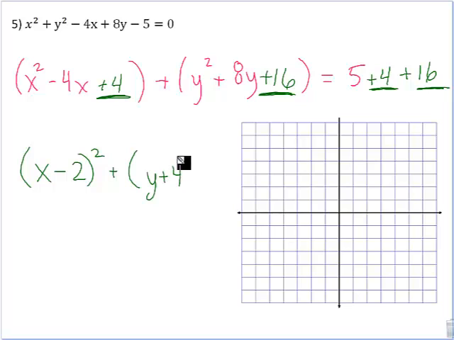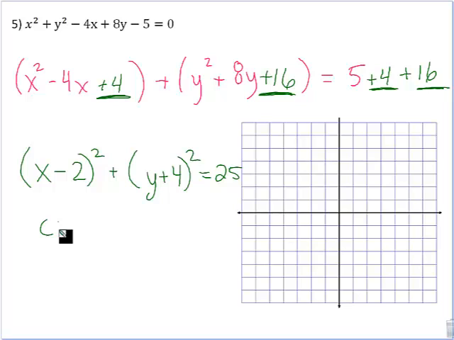Yep, y plus 4 squared is equal to 25. We got the x minus 2 because this x squared minus 4x plus 4 would factor to x minus 2 times x minus 2.